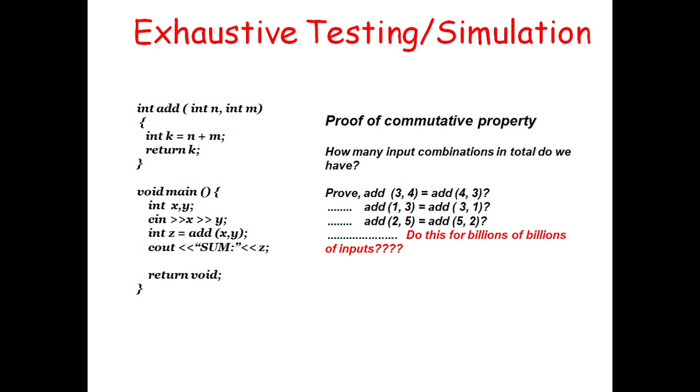Can we do this for billions of inputs? This is simply not possible in current resources, or it may be possible, but it will take many months or maybe many years, and the proof would then not be that significant.